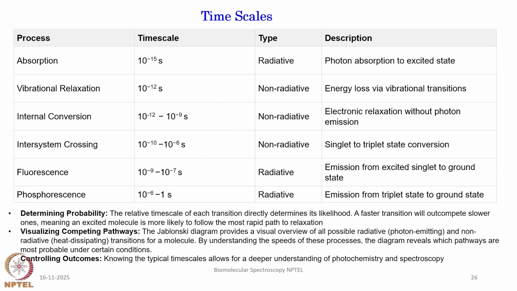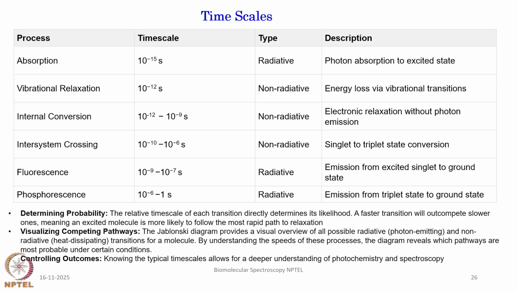That means the excited molecule is more likely to follow the most rapid path to relaxation rather than sitting and waiting to relax. For visualizing competing pathways, the Jablonski diagram provides a visual overview of all possible radiative transitions, where a photon is emitted, and non-radiative transitions, where energy is just dissipated as heat.